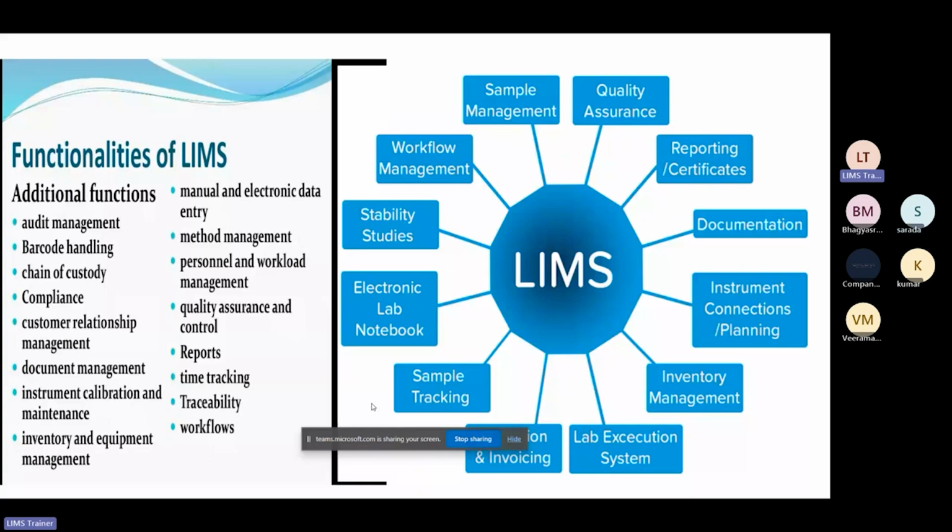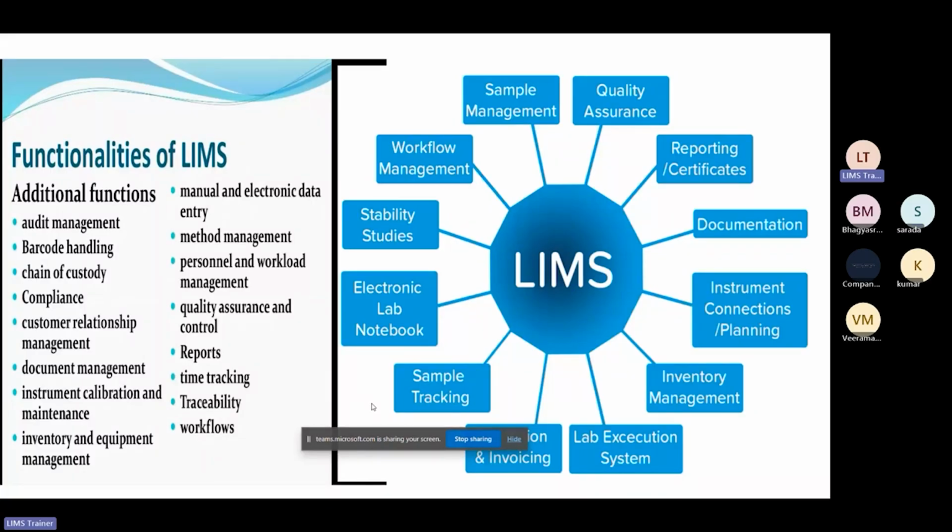Then the instrument calibration and maintenance. As I have said, laboratory information management gives alarms and notifications about the due calibrations and maintenance activities. So it becomes easier for the end user to track all the requirements like calibration and maintenance of particular equipment.